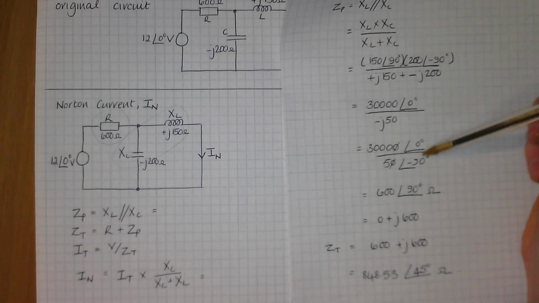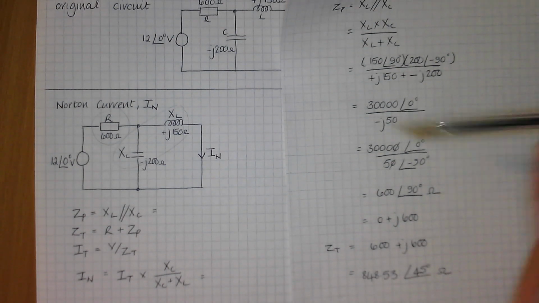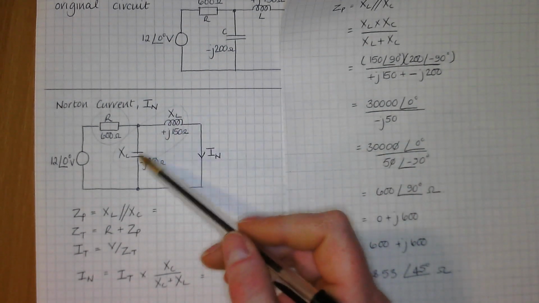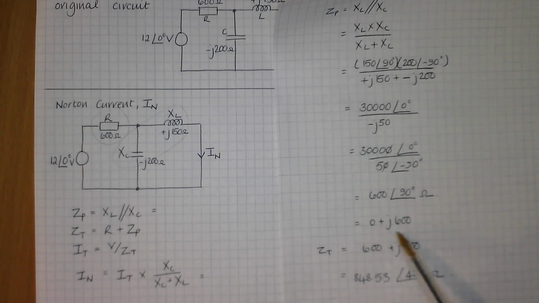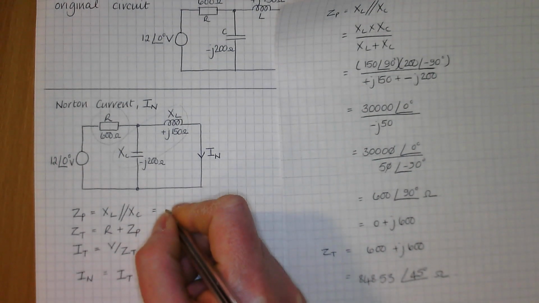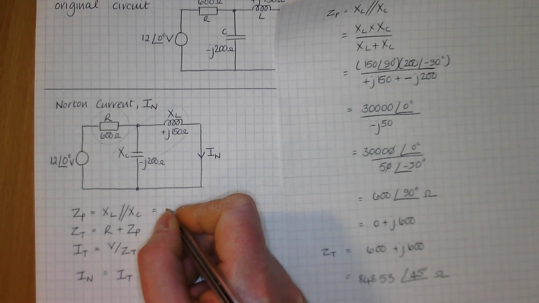So this is the working for that first parallel section. That's just that XL and that XC in parallel, getting you 600 at an angle of 90, or 0 plus j600, that's in both forms. So I'm going to copy that across to there.